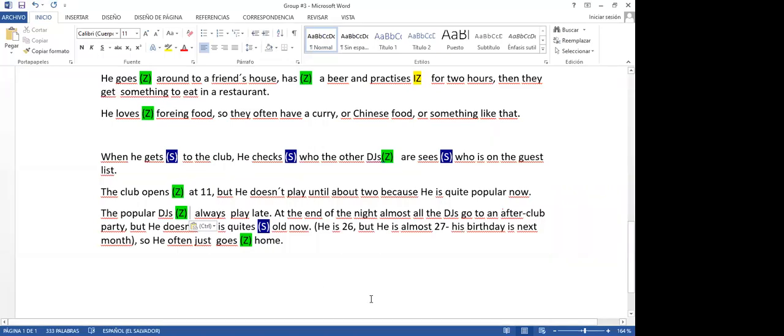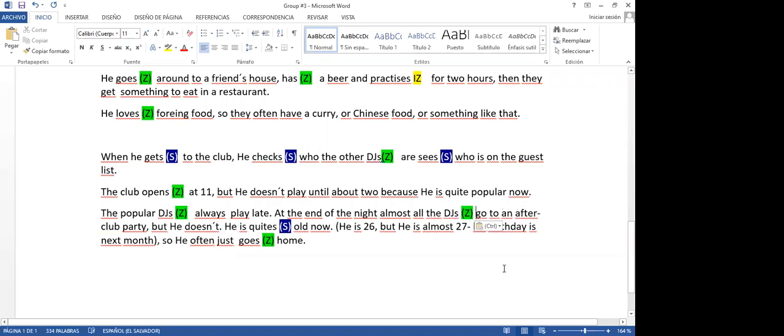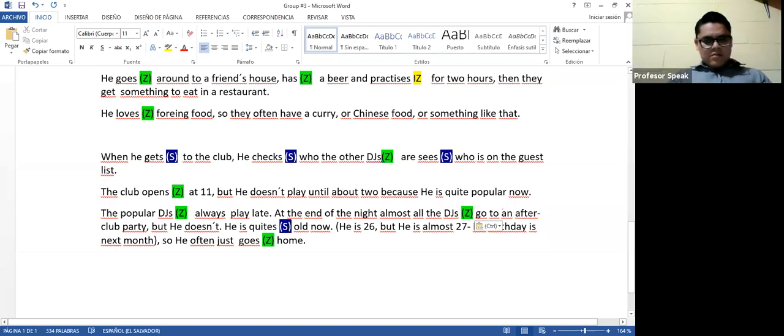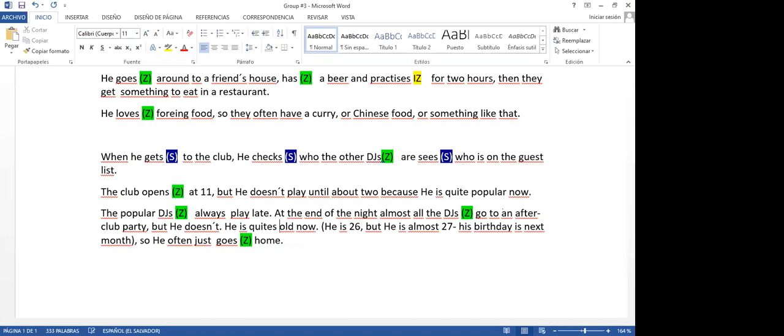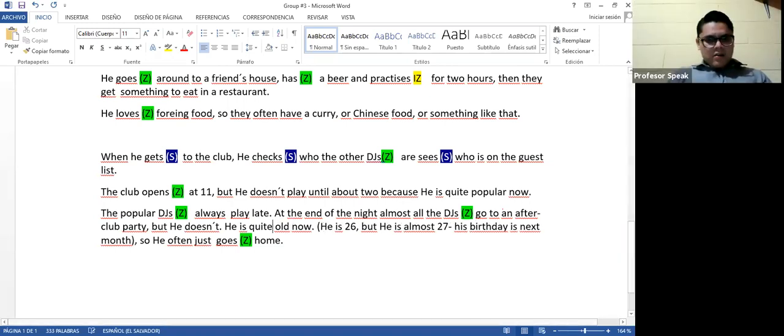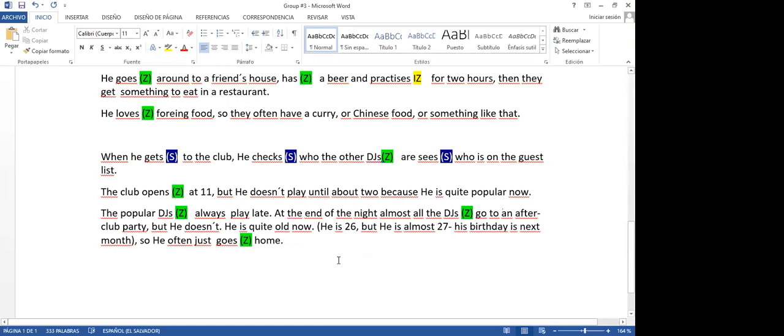At the end of the night, almost all the DJs go to an after club party. But he doesn't. He's quite all now.